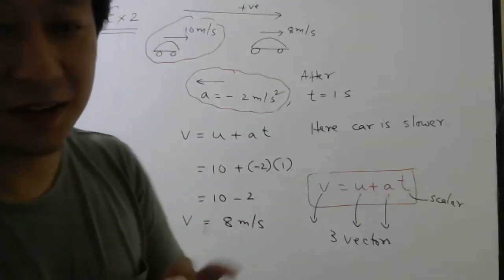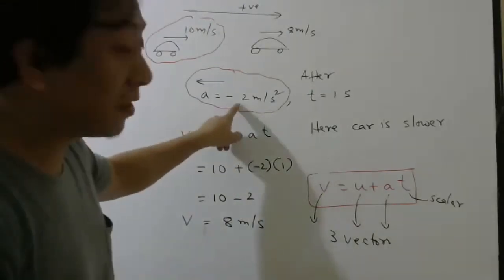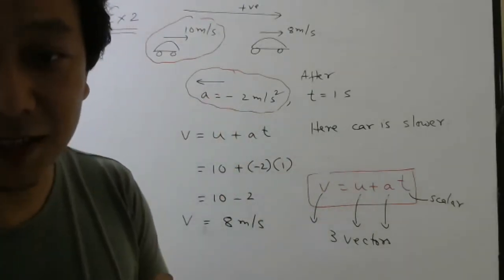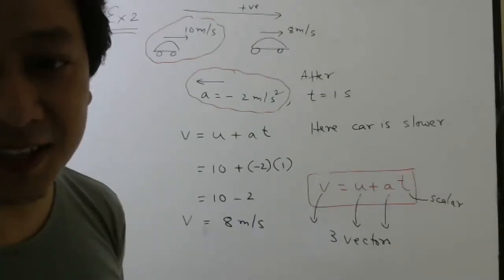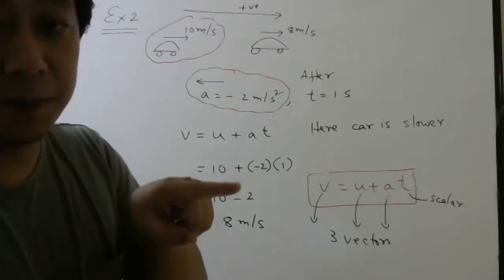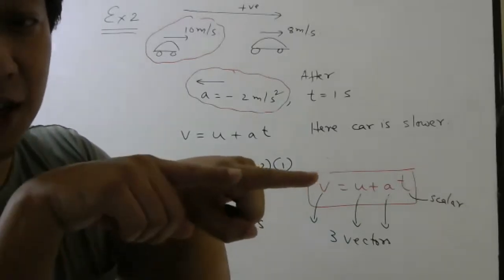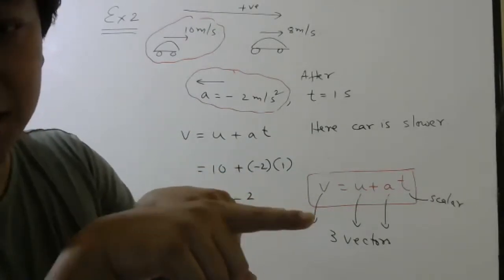Please remember that. This example has easily shown it to you. And this kind of acceleration we call in physics retardation. So again, let me repeat: if velocity is this side and acceleration is this side, it is moving faster.